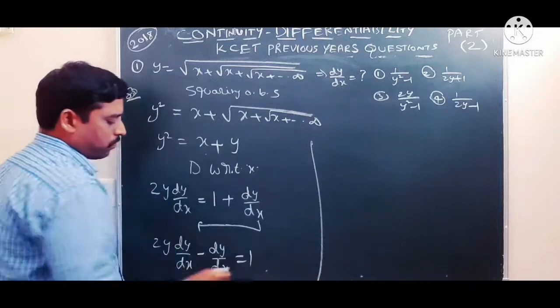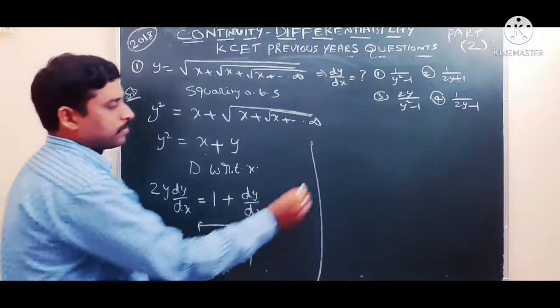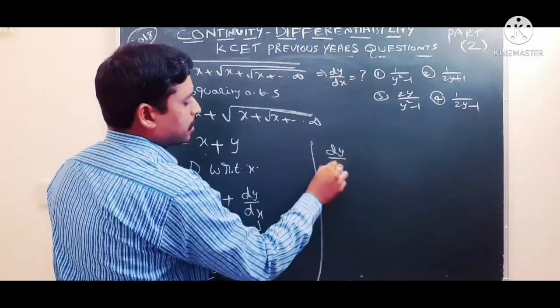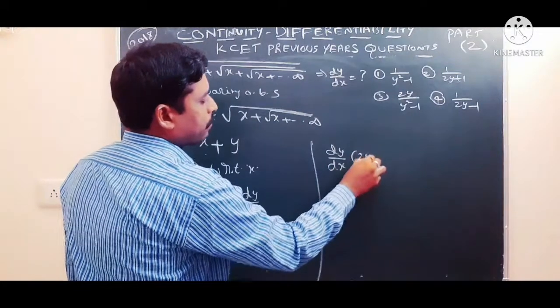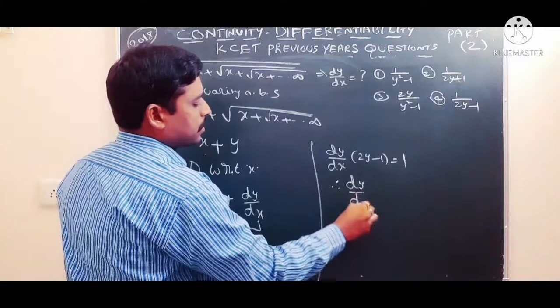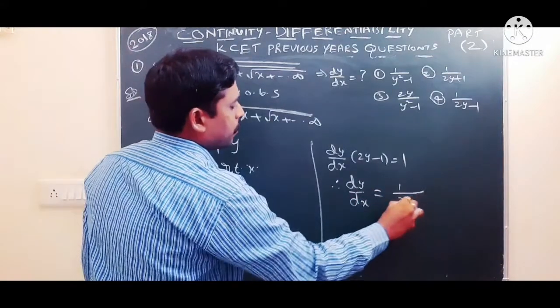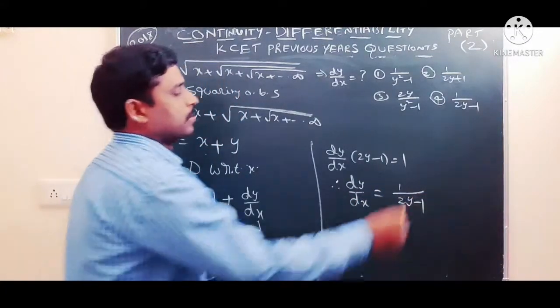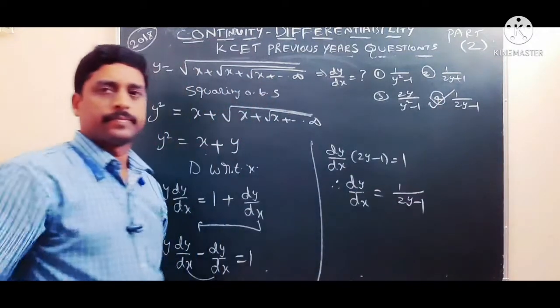In this, take dy by dx out common: dy by dx into 2y minus 1 is equal to 1. Therefore dy by dx is equal to 1 by 2y minus 1. So option 4 is correct.